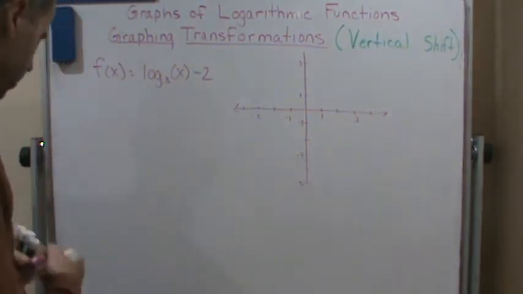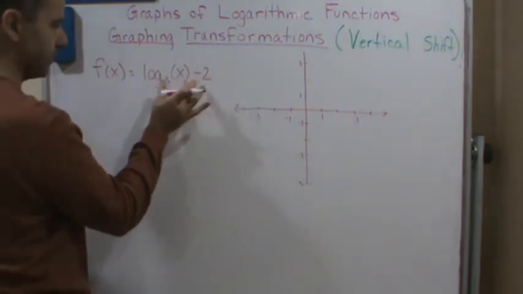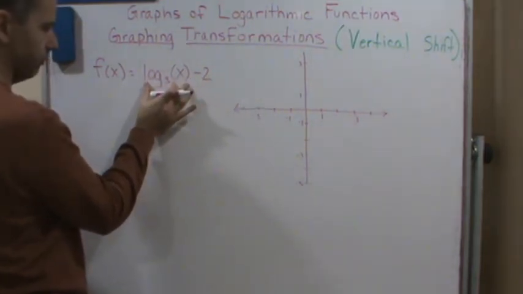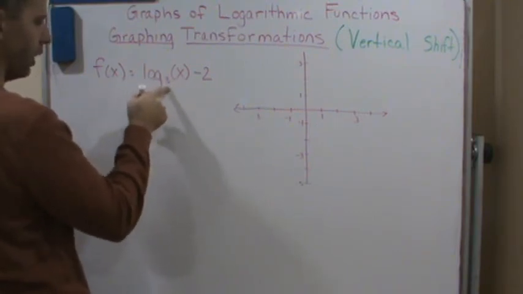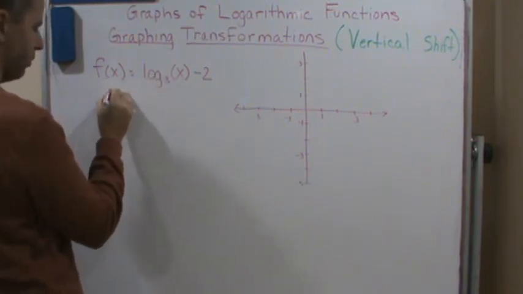So the first thing I'm going to do is ignore this piece and just look at the basic function, the parent function. I know the parent function, log base 3 of x, goes through these 3 points.